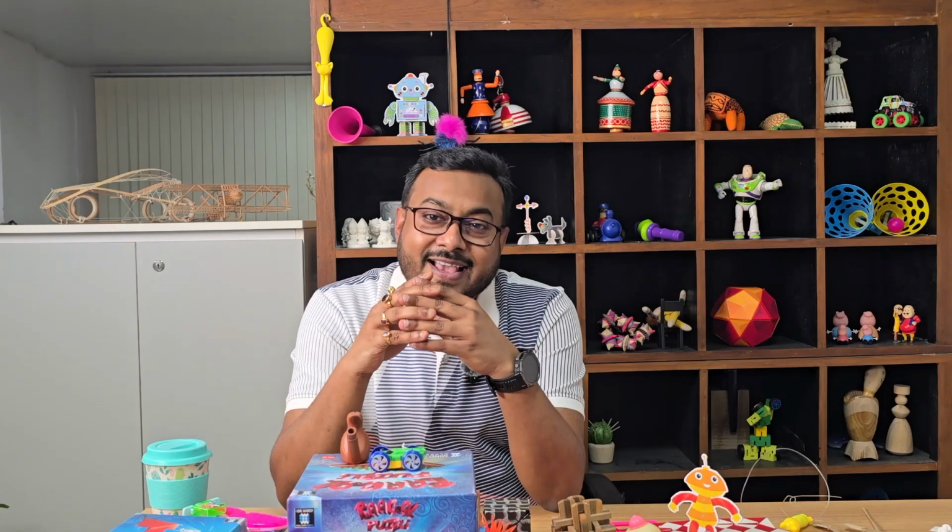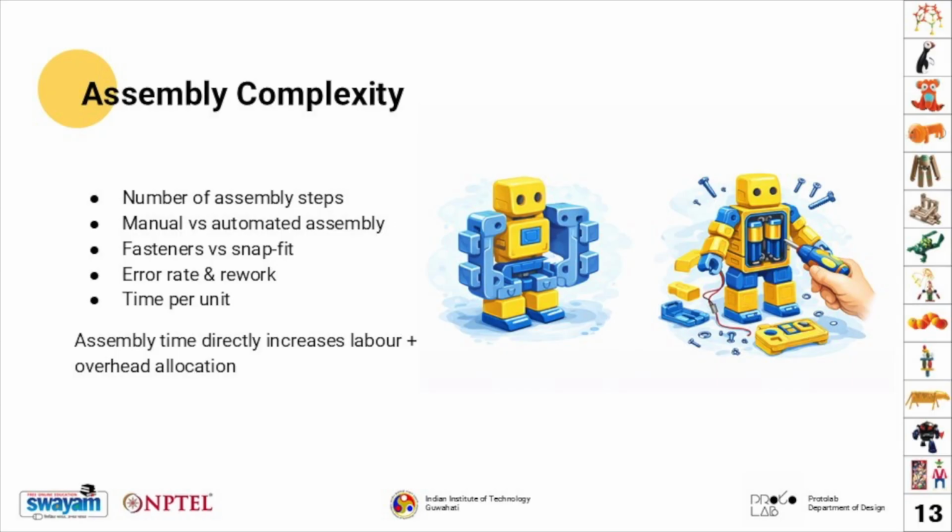Poorly designed snap fits increase breakage during assembly, leading to rejection and rework. Rework is one of the most expensive outcomes in manufacturing because it consumes time without producing new output. Error rates matter deeply.